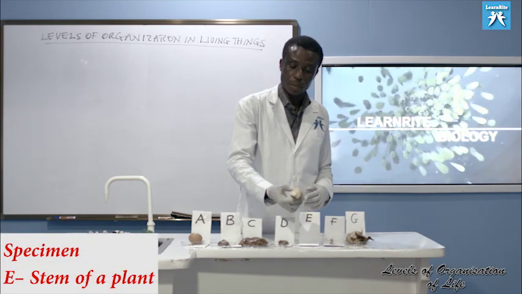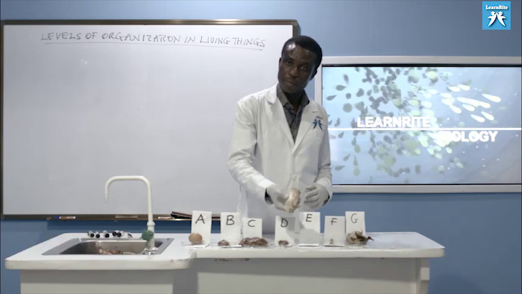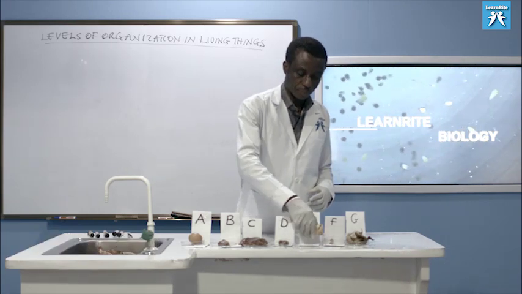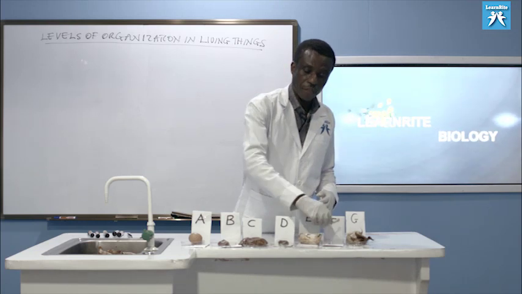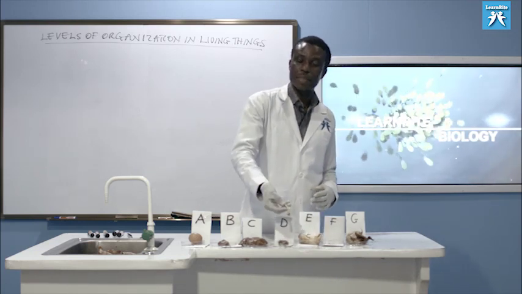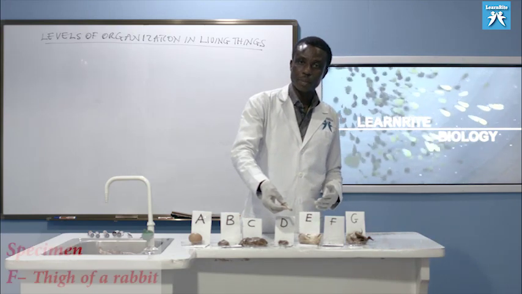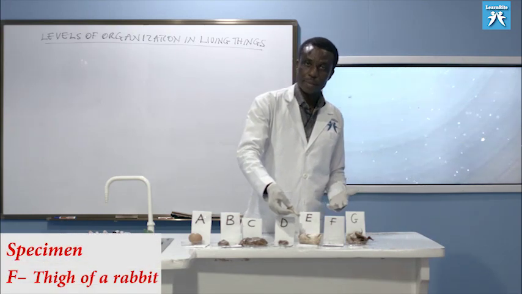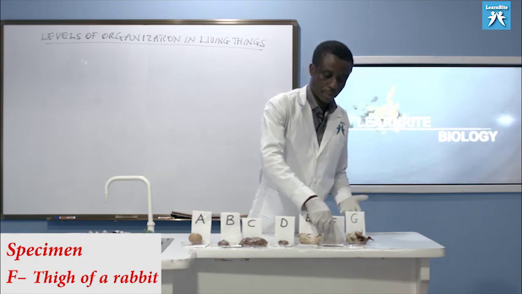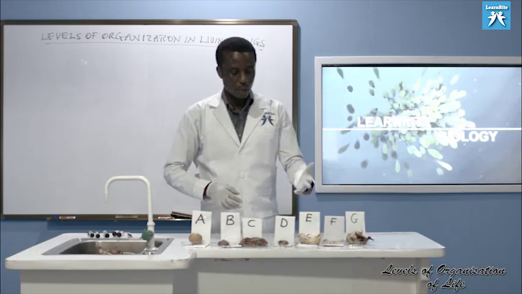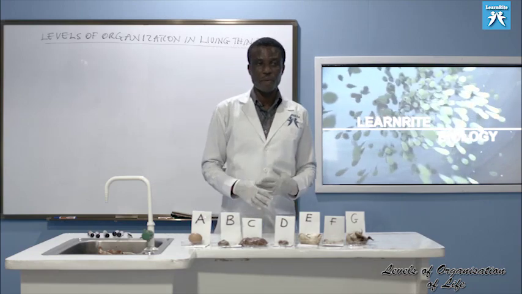It cannot be found in the roots, but specifically the stem. This is a femur of a rabbit. Where can it be found? In the thigh. So that is where each of them can be found.